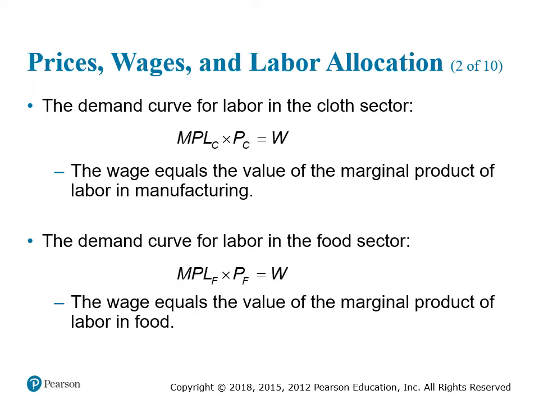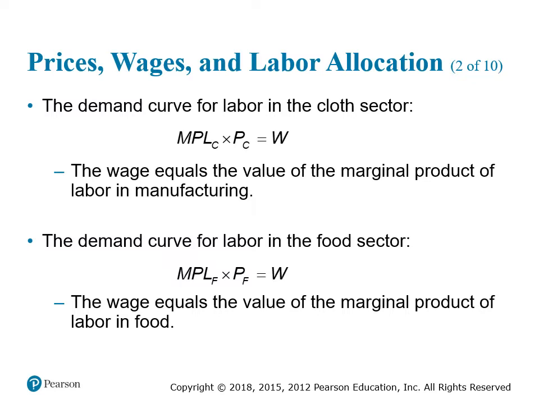So how much a person will receive in a wage depends on how much that person will contribute to the production of cloth, or the value that he or she will contribute in the production of cloth. And the same goes for the demand curve for labor in the food sector.